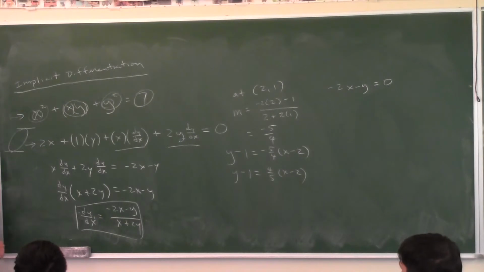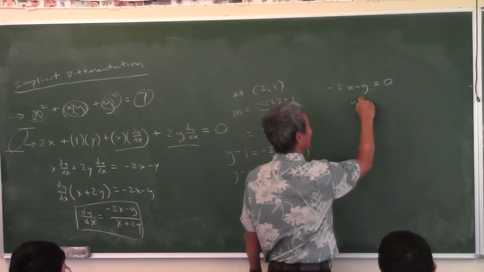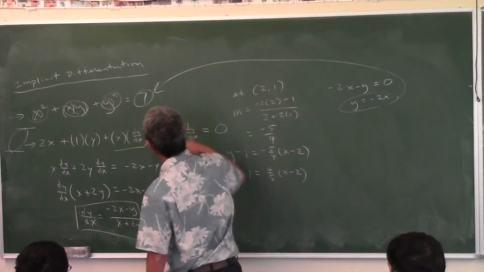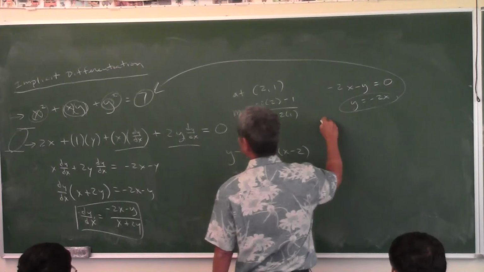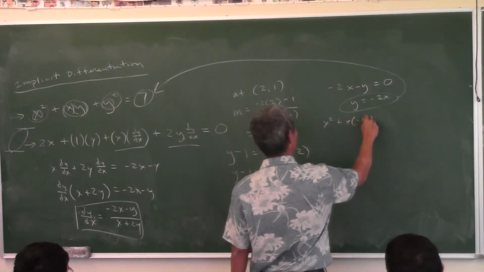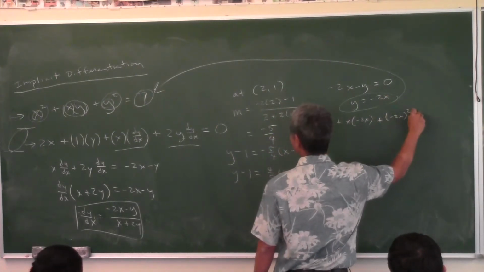Substitution. Exactly. Solve for one of the variables in this equation: y equals negative 2x. Take that and plug it into the equation. Let's do it. x squared plus x times y, but what is y equal to? Negative 2x, plus y squared equals 7.